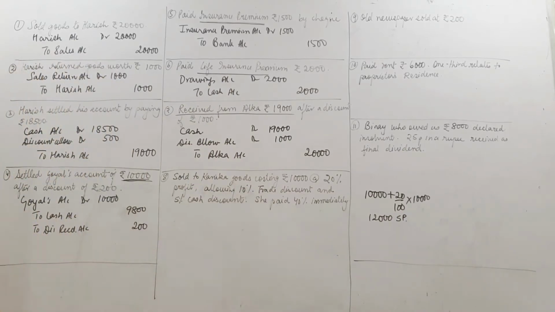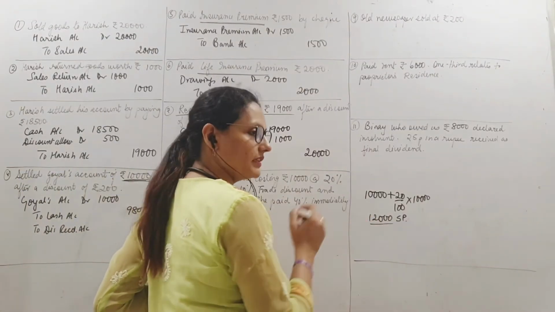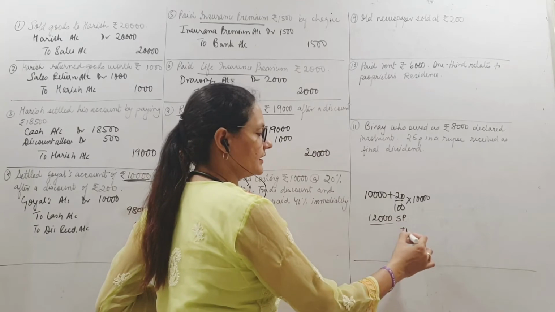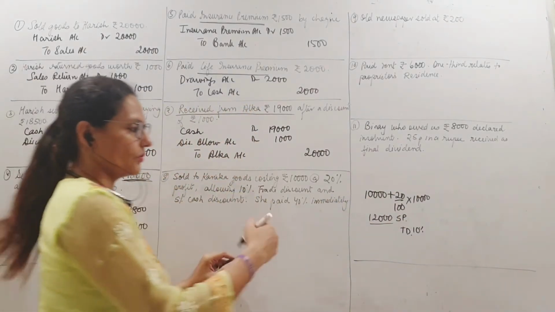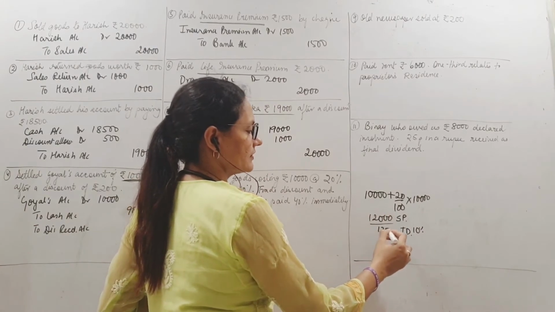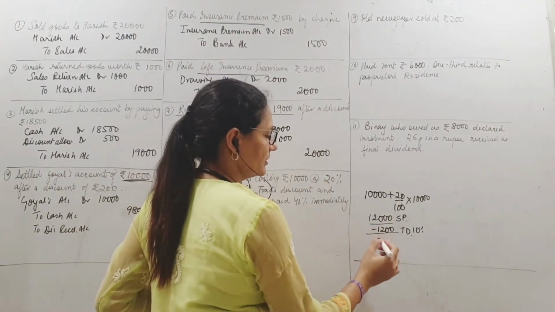Okay, the list price. Allowing 10% trade discount. Okay, I tell her that my goods are worth 12,000, but I allow her a trade discount of 10%. So 10% of this is 1,200, I allow her a trade discount. Wonderful.